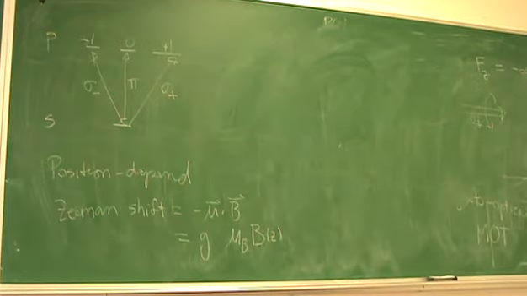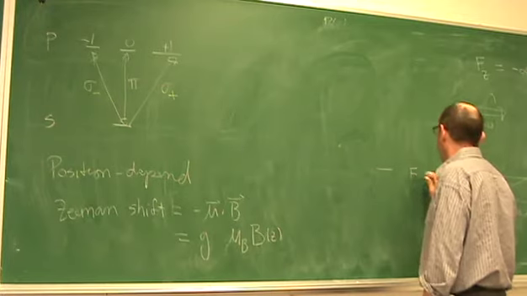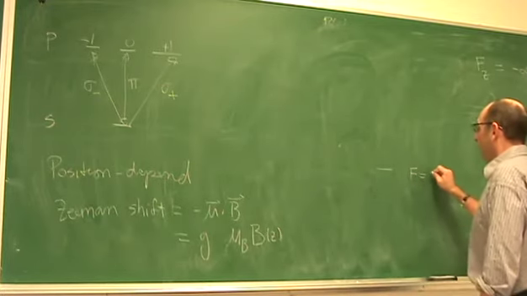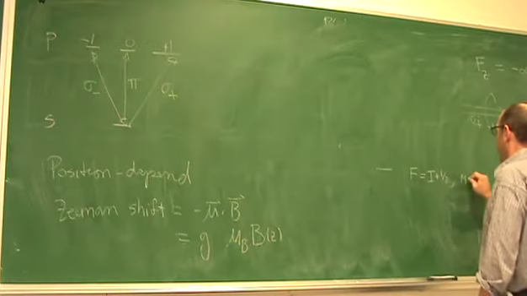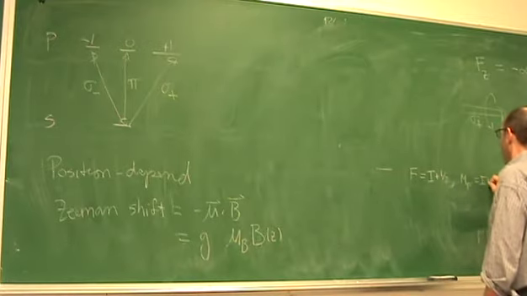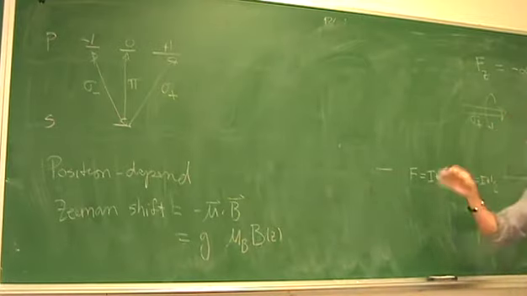That was a cycling transition: F equals I plus a half, M sub F equals I plus a half, where I is the nuclear spin. That's the so-called stretch state. For example, for sodium, where the nuclear spin is 3 halves, this is F equals 2, M equals 2, in the S 1/2 ground state.